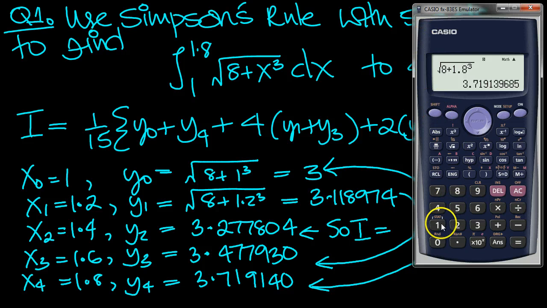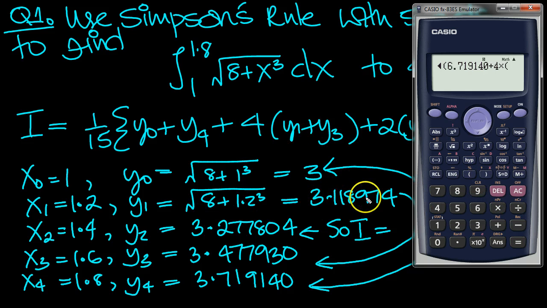So it's 1 over 15, 1 divided by 15, times bracket the first and the last, so that's these two here, so it's going to be 3 plus this, so it's 6.719140, plus 4 times bracket y1 and y3.